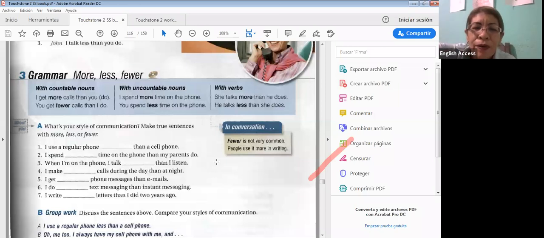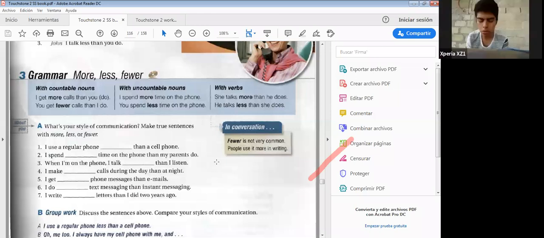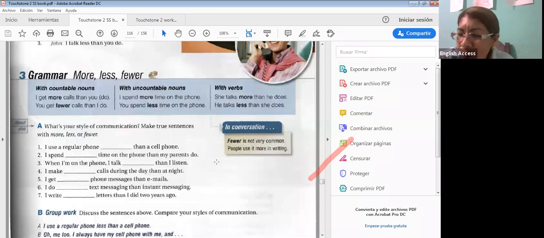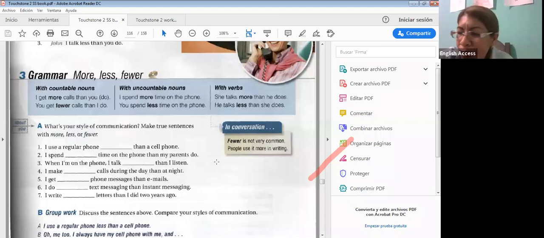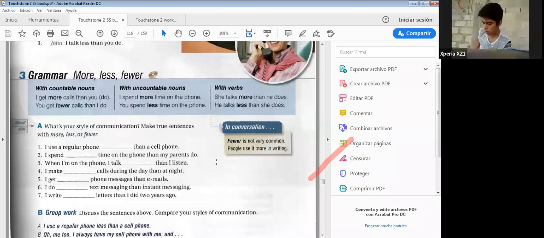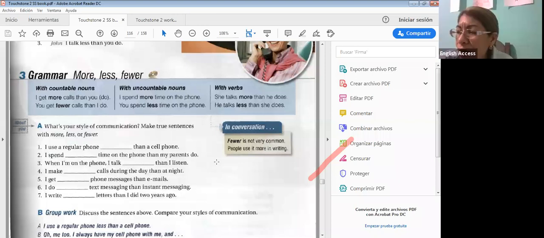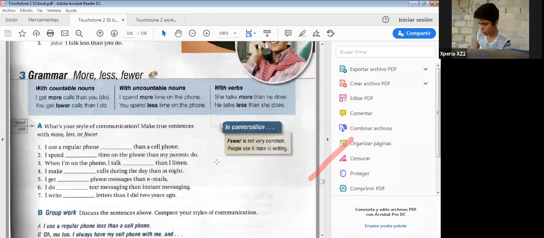We have more and fewer. It's countable. Fewer is the opposite of more. And remember that you had to complete these sentences with your personal information. So you can say, I write more letters or I write fewer letters. More or fewer?